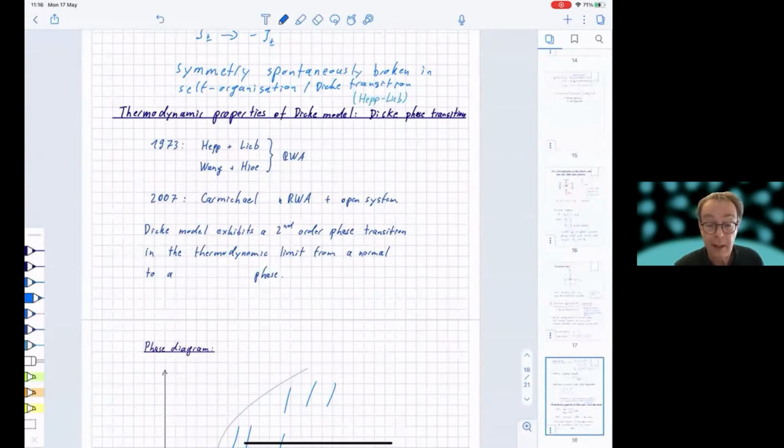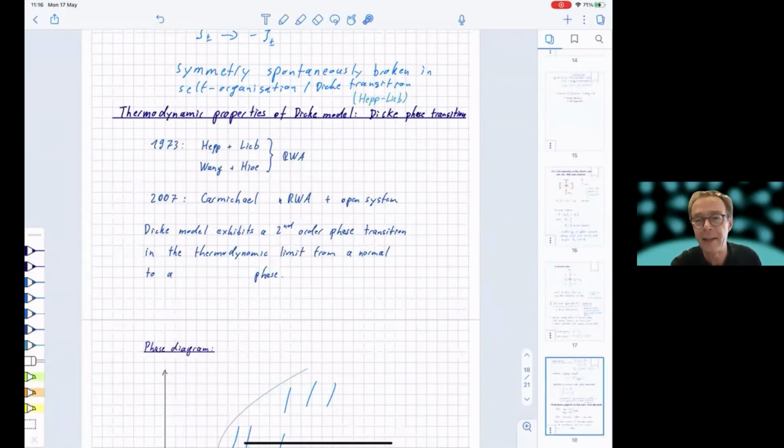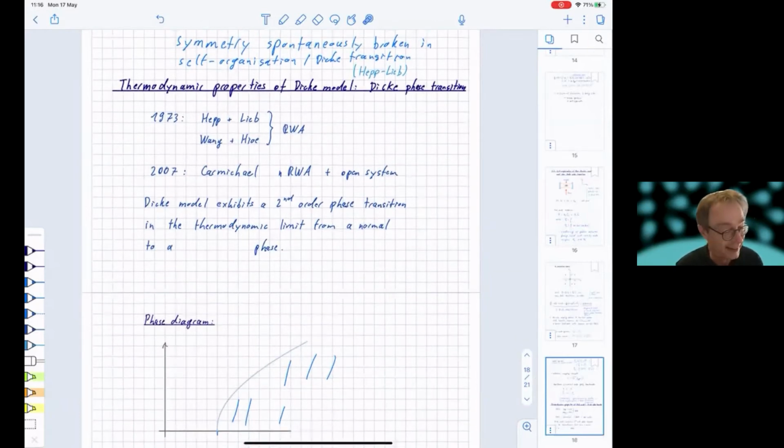That was suggested by Hepp and Lieb and Wang and Hioe. Hepp actually, that is a nice thing, when he turned, I think it was his 80th birthday, Lieb was also invited, and I had the pleasure to give a talk about their phase transition, which was, of course, a bit intimidating because they are, of course, really big names in physics on the long-term scale. Okay, but it was nice. It was very nice.